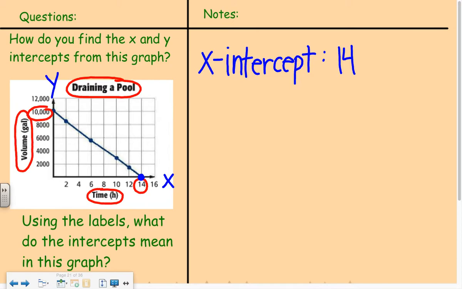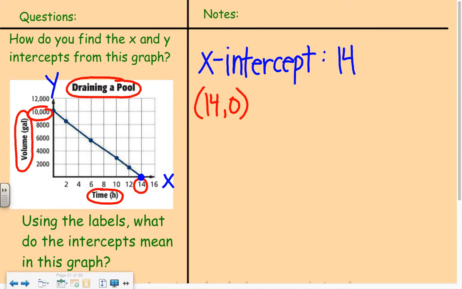Keep in mind your intercepts aren't a coordinate point, it's just one number. What number is it crossing the axis at? Now in order to interpret what this intercept means, I'm going to actually write the coordinate point. So that coordinate point is 14, 0. And I'm going to make sure I use these two numbers when I'm describing the meaning.